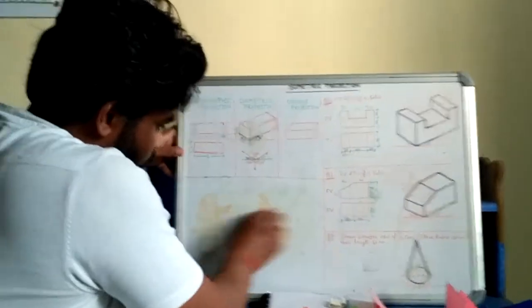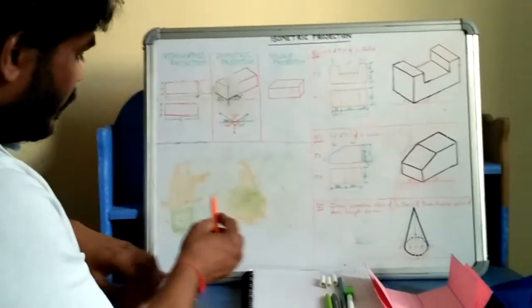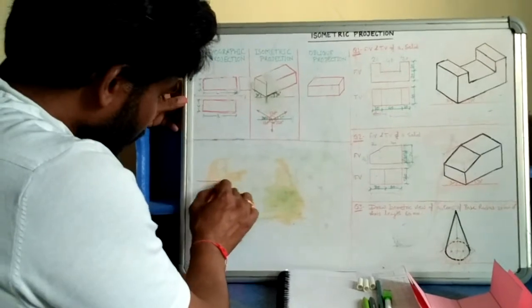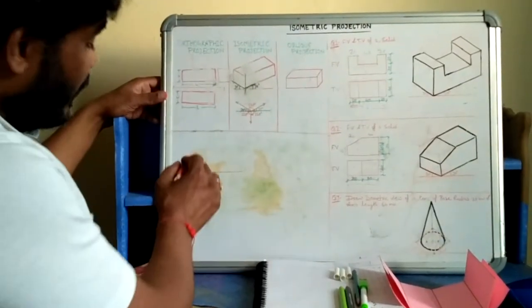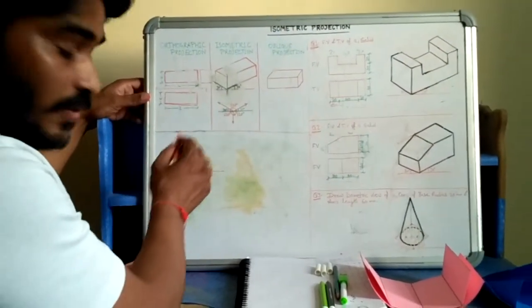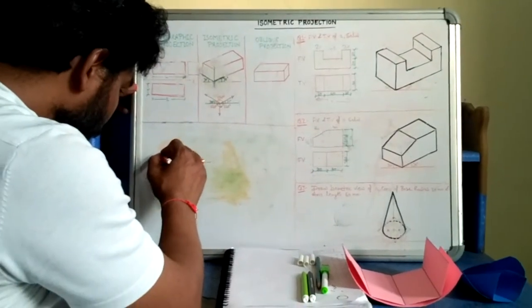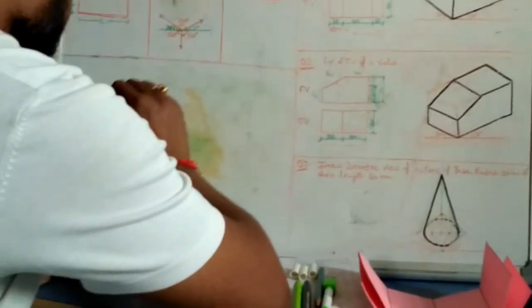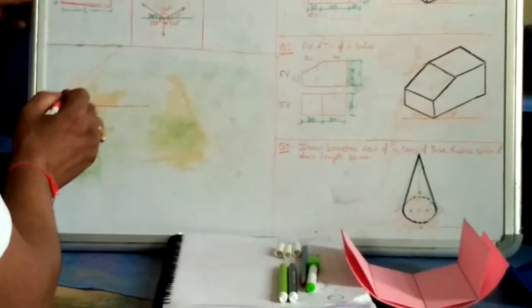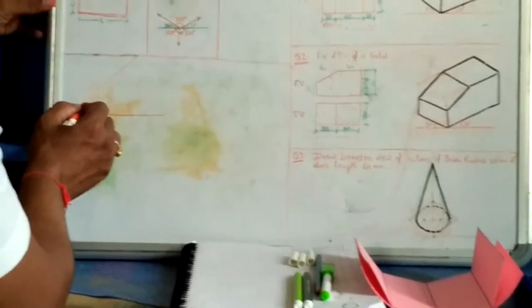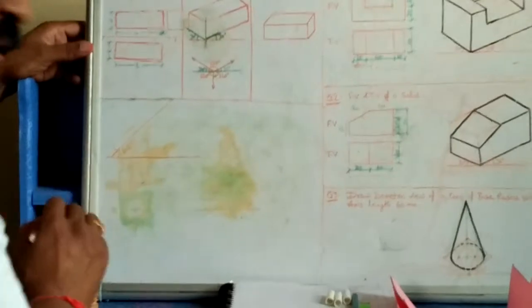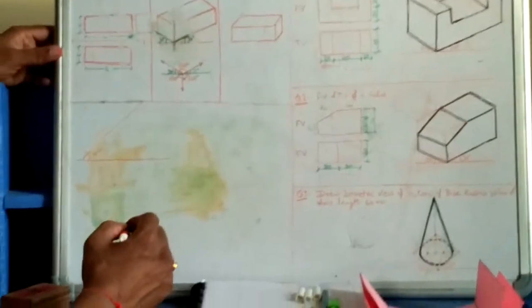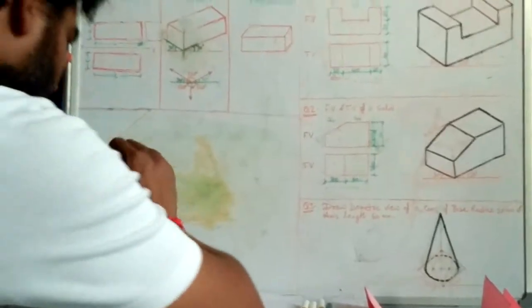To draw an isometric scale, simply draw a horizontal line. Draw a line at 45-degree inclination. Draw another line at 30 degree.